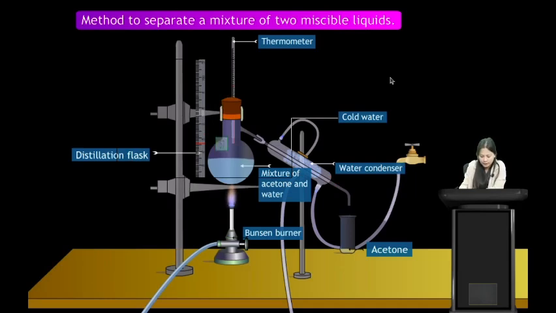Here we see that the volume will decrease once the acetone evaporates from the flask. This method to separate a mixture of two miscible liquids is known as distillation.